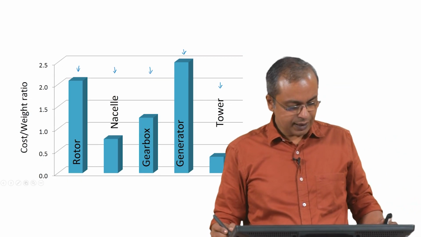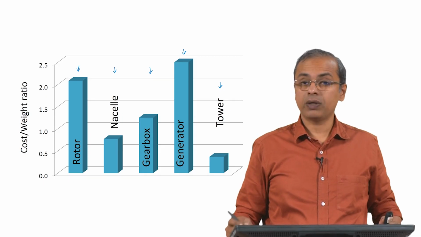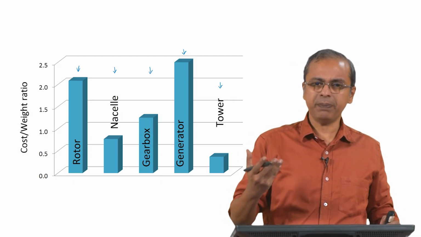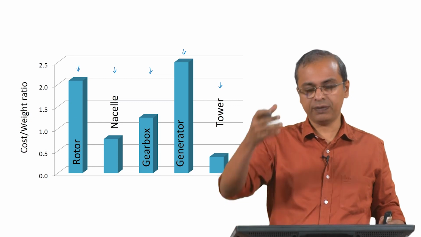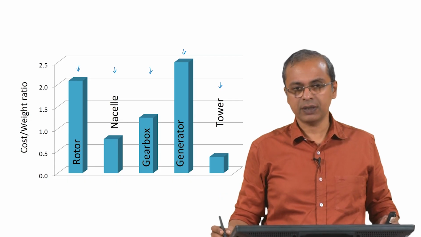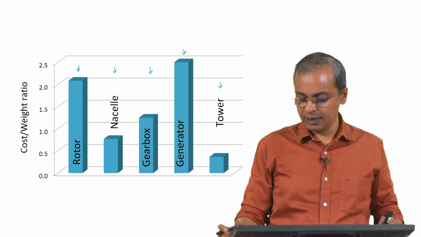If you take the tower for example, it is an extremely heavy part of the structure. In fact, more than 50% of the weight of the overall wind turbine is essentially the tower. So, the tower is pretty much the main heavy component of the structure.